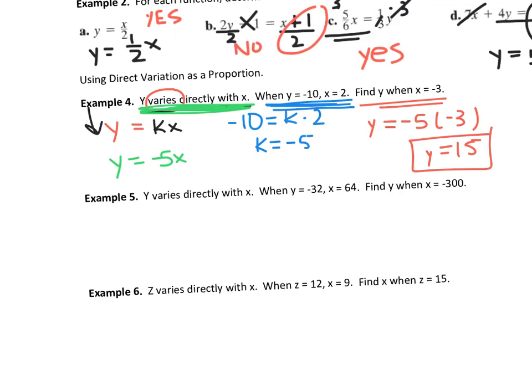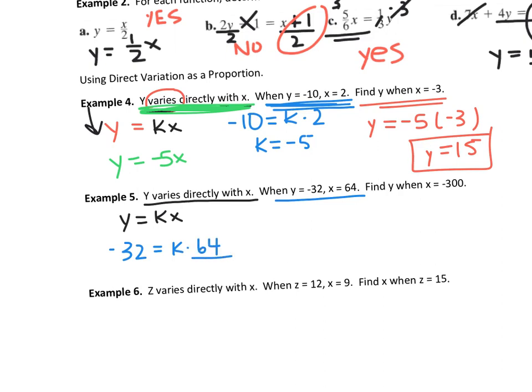So I'm going to follow that same process again. Y varies directly with x. I know there's no mention of k, but k always goes in the numerator. Then when y equals negative 32, x is 64.